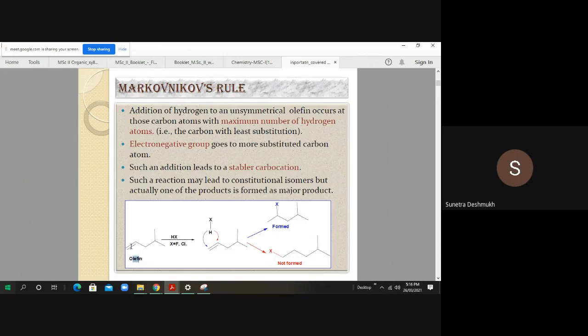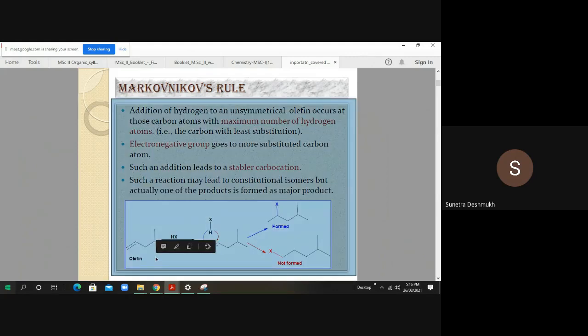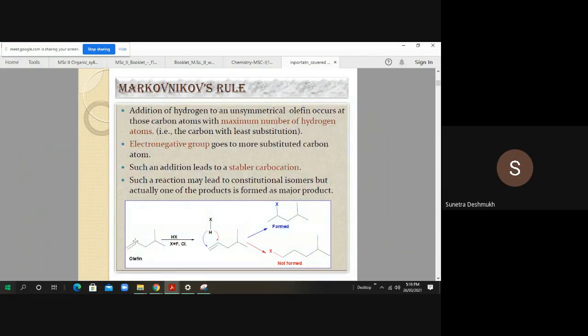Here I have taken a terminal olefin. One end of the olefin has been substituted with this side chain, and the other end has two hydrogen atoms. So it's a terminal, unsymmetrical olefin, and we are going to add HX, hydrogen and chlorine, across this carbon-carbon double bond.